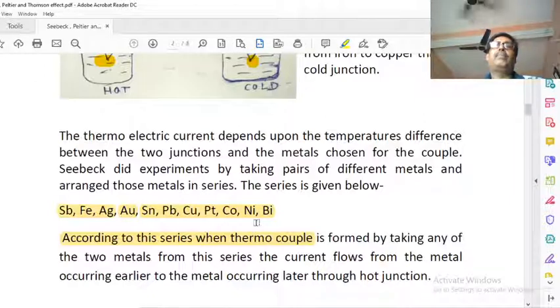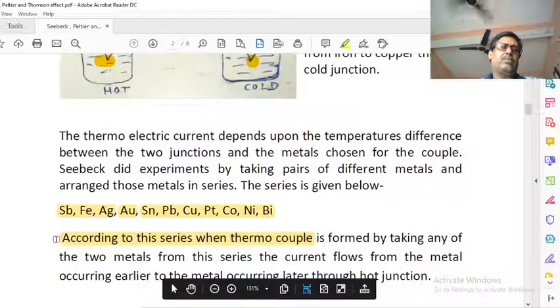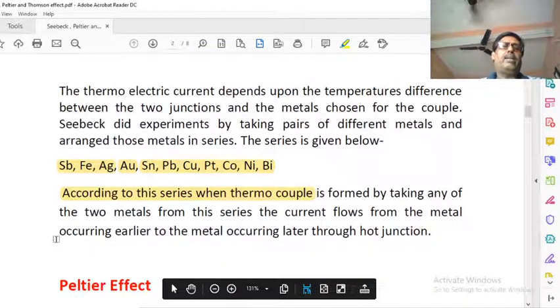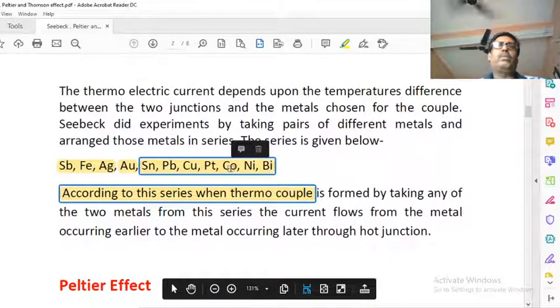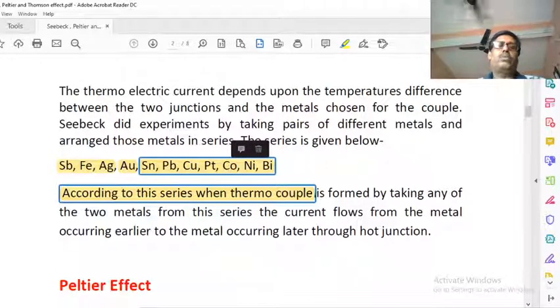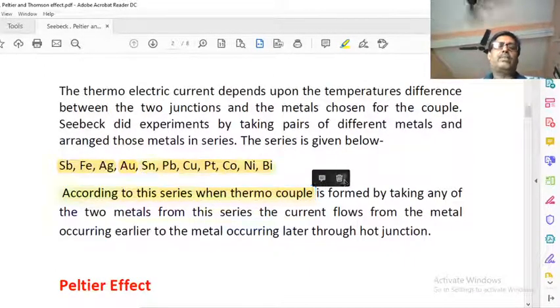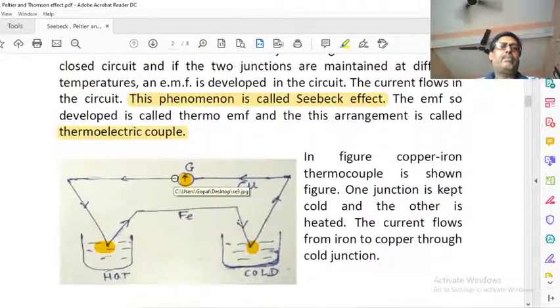We have sorted the list, and a few popular metals are shown in the figure. This series will help to know the direction of current. So the question is how to get the direction of current? See here, very easy. First I come to the figure.